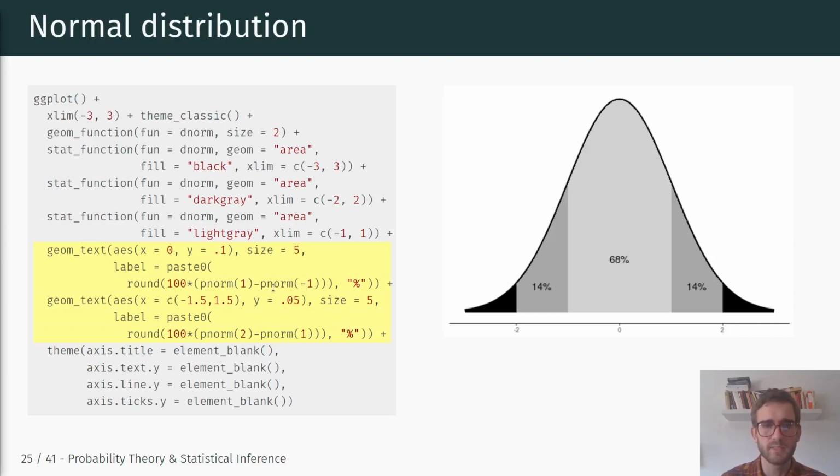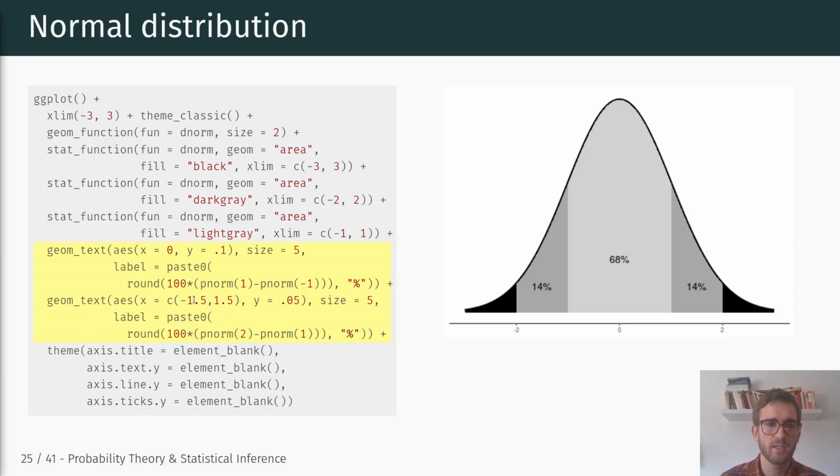And if we subtract those two probabilities, we have the probability between -1 and 1 of that standard normal distribution. I'm just multiplying this by 100 and adding percent here using paste to make this be formatted as 68%. So 68% is the area, the probability mass between -1 and +1 standard deviations from the mean of a standard normal distribution. Okay.